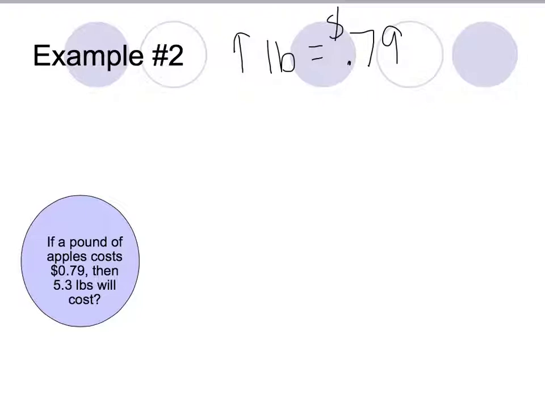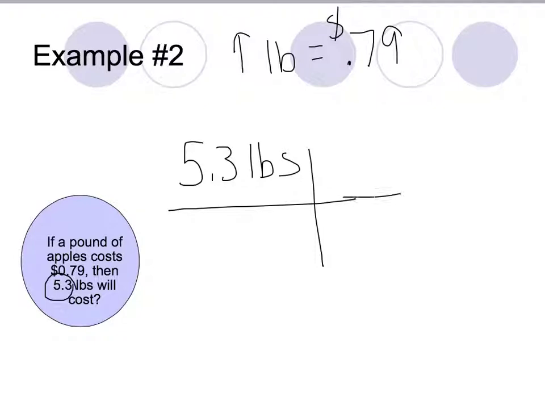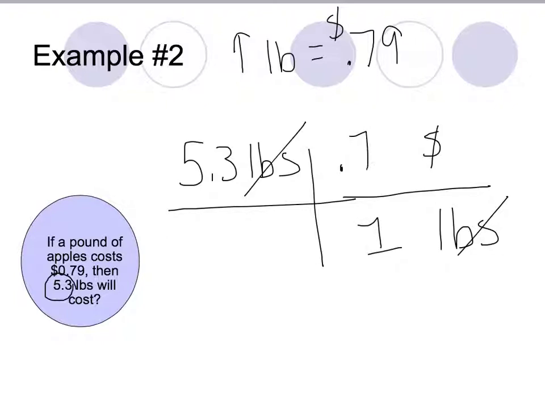If we were to start this, we would start with the number they gave us, 5.3 pounds. And that's the first part of the truth table. Then I need to have a second part, and I'm going to put pounds on the bottom and dollars up here. So pounds cancels out. How many pounds? 1. What's the price? 0.79.